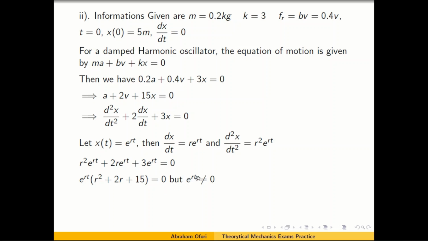But we know that there is no way e to the power rt will be equal to 0. Why? Because our time t is never going to be less than 0. If I'm calculating time, I'm not going backwards, I want to go forward.